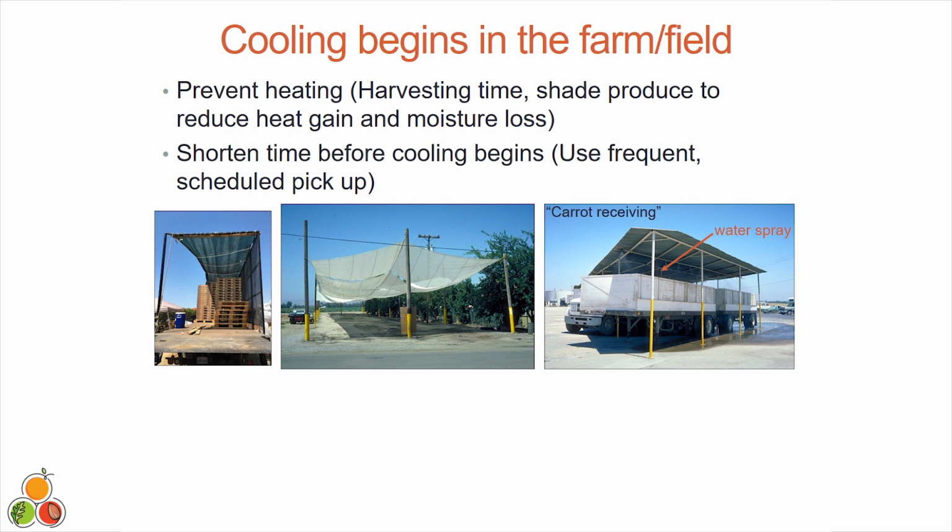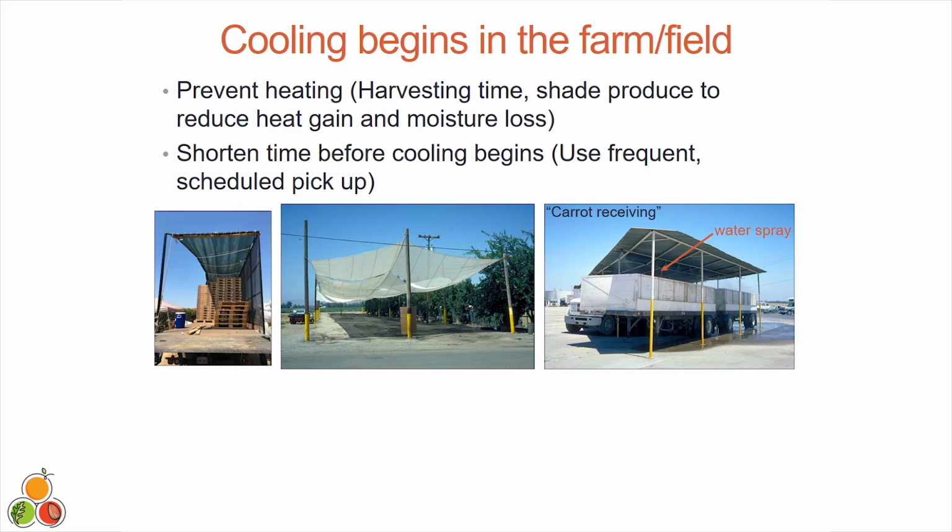I took this picture somewhere in Salinas, actually in Bakersfield, I'm wrong. You can see that they have a structure in the back of a flatbed truck with a shaded area, and that's meant to protect them from the sun. As you mentioned, shades not only prevent heating during harvest, but also shorten the time before cooling begins.